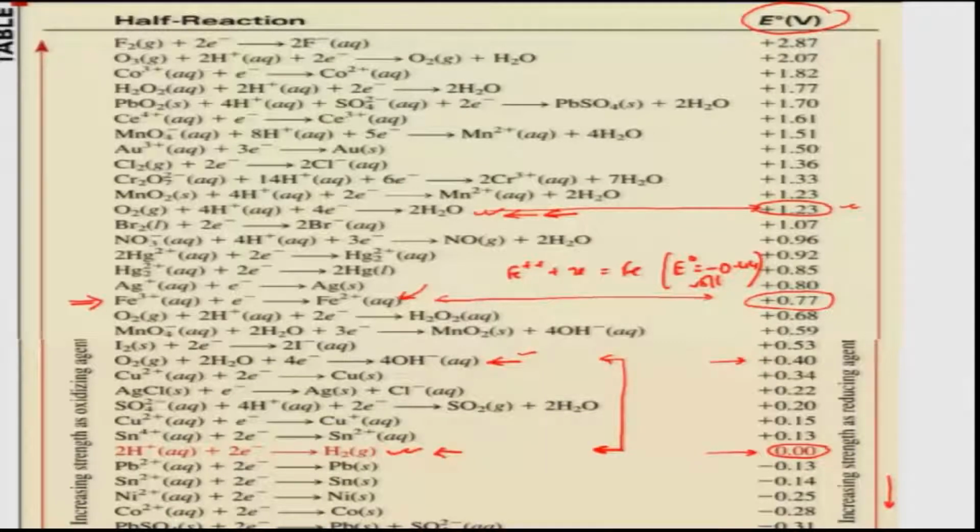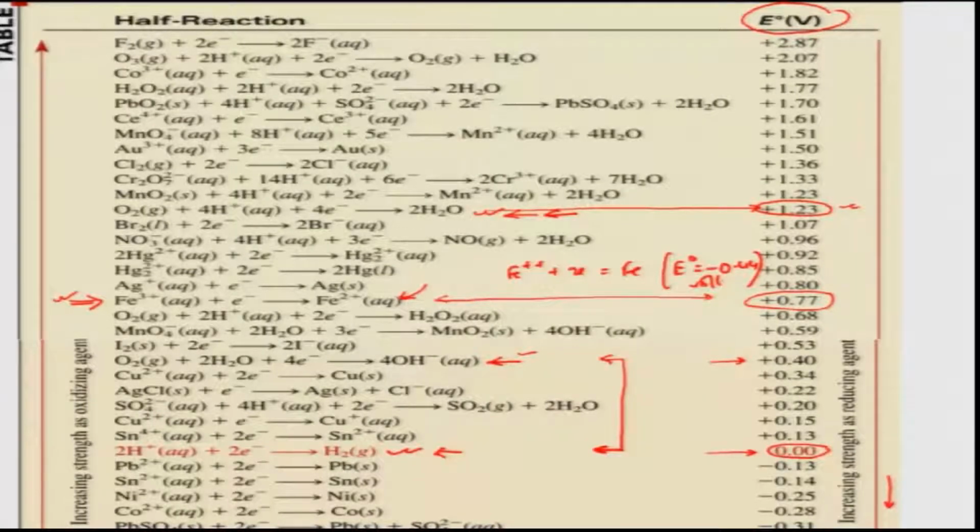Interestingly, whenever we are talking about E0, even if the reactions contain only ions like the example we have given here, remember the activities of those ions in that aqueous medium will be 1. That is what is in the Nernst equation.